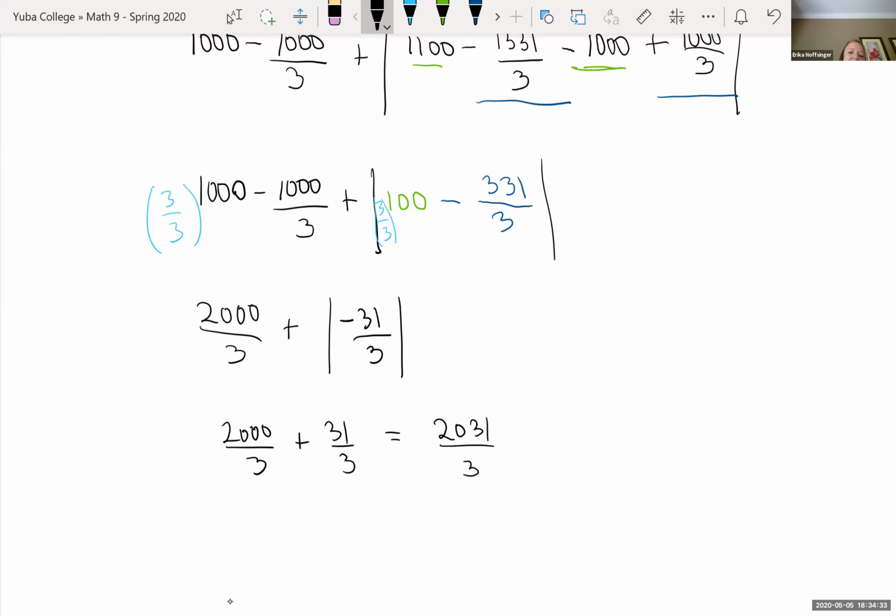Which is 677. It doesn't tell me what my units are, but I'm finding area, so units squared.